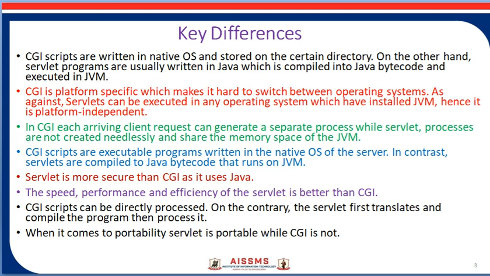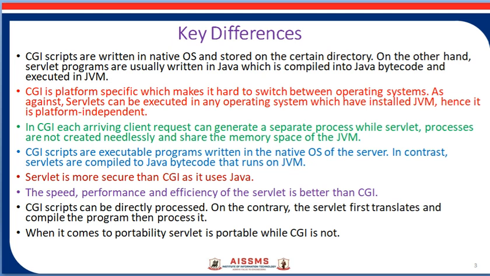A process is somewhat heavyweight, meaning we need more memory for processes and address spaces, whereas for servlets we don't need more memory because the threads share the memory. Process memory is used for threads also, and there is no separate allocation of memory space or address space for threads. That way servlets have the advantage.